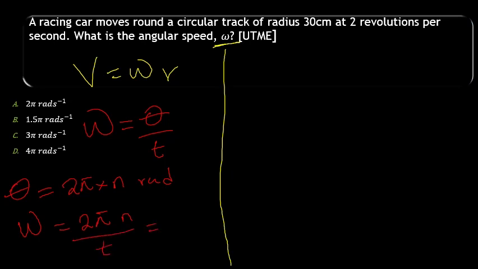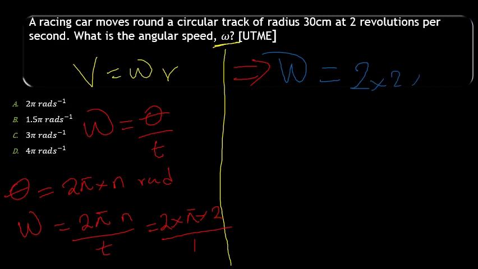And then we have 2 times pi, the number of cycles or revolutions is 2, all over the time, which is 1 second. So punch this out. You are going to get that omega is equal to 2 times 2 times pi. That gives us 4 pi rad per second. So this is the answer. Option D is the correct answer.